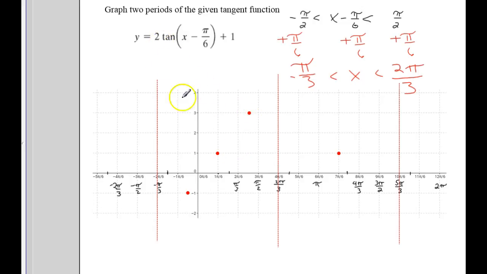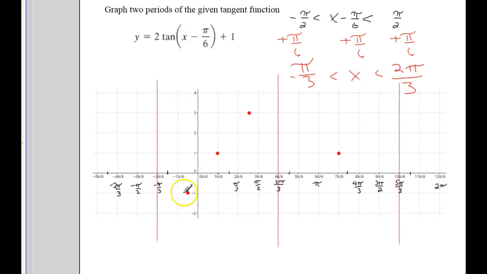Okay. So we're putting these plots at -1 and 3 instead of -2 and 2 because we're adding 1 to everything. So -2 plus 1 is -1. 2 plus 1 is 3. And so because we're starting at 1 instead of 0, we're getting different numbers for those whole number outputs.